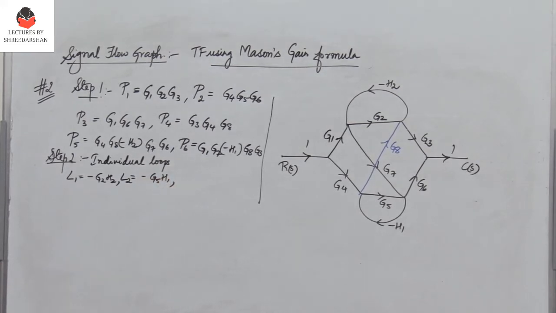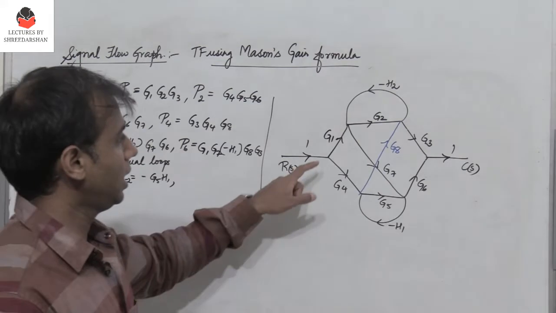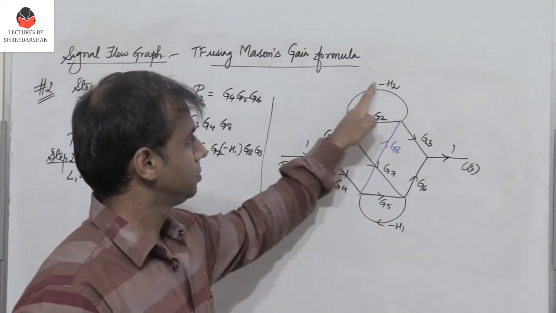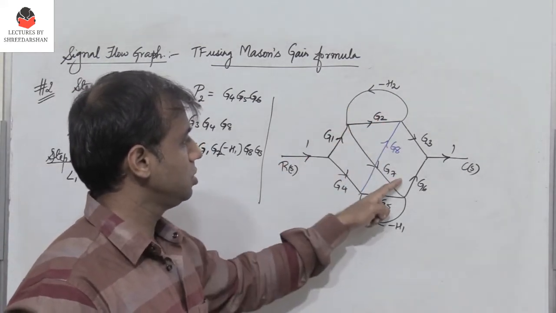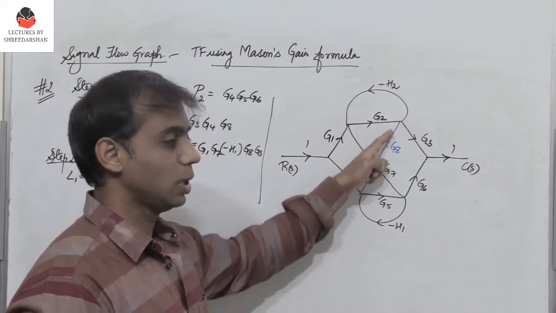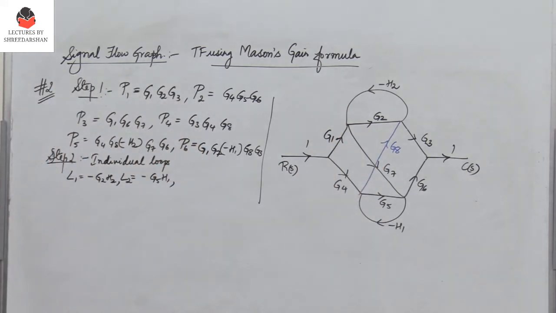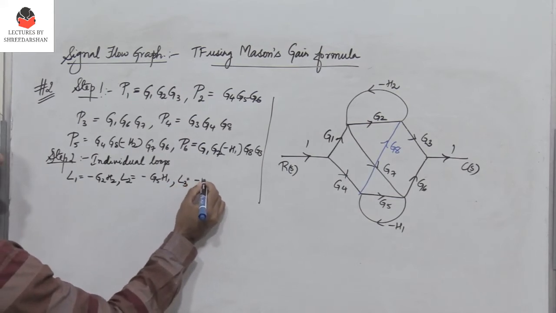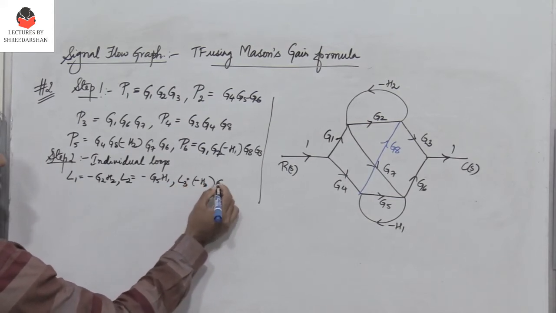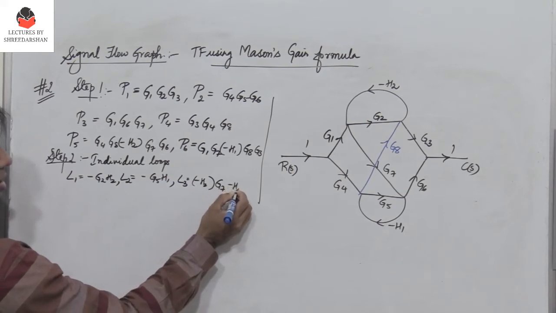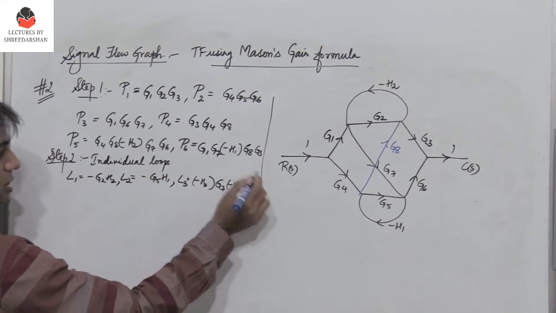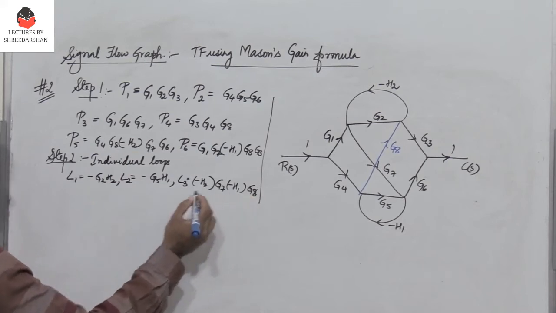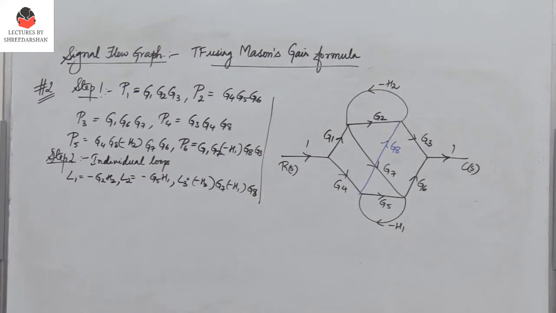Now is there any other loop? We find that there is another loop, that is minus H2, G7, minus H1, G8. That is L3. So minus H2 into G7, minus H1 into G8. So we find that there are 3 loops.